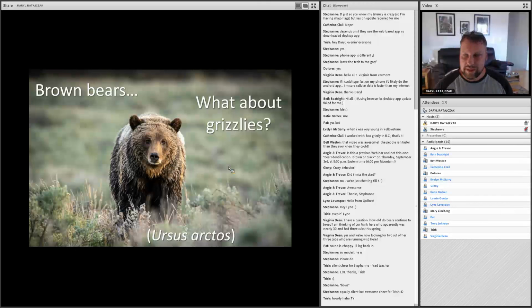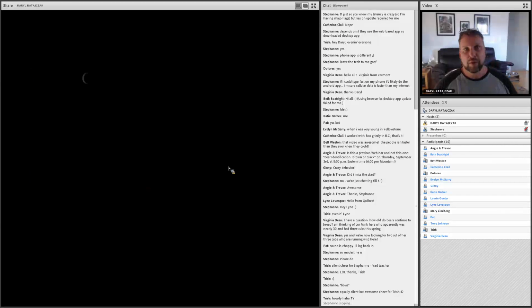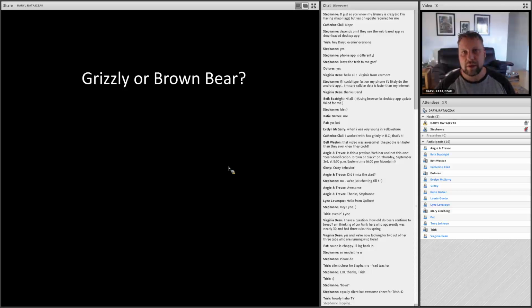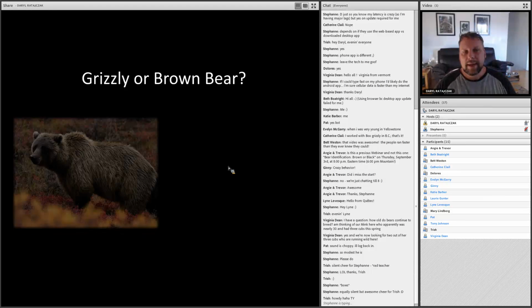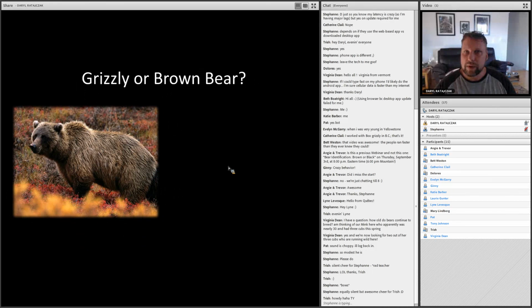And some of you may have seen this slide before, and I'm showing it to you again, because there's sometimes confusion as to what is classified as a grizzly or what is a brown bear. And so here is a photo of what many people consider a grizzly. And if you look at their Latin name, it's Ursus arctos.